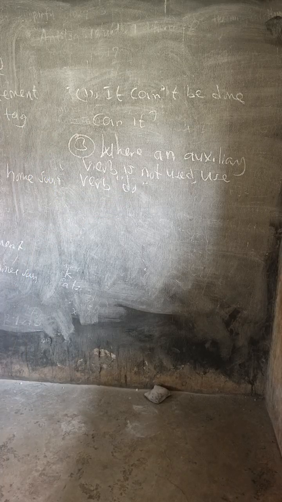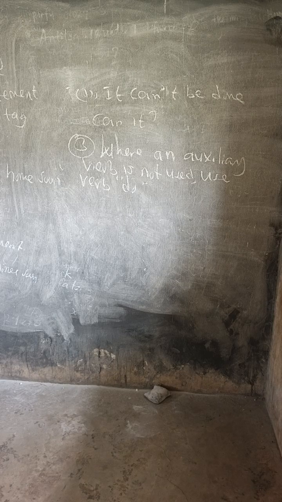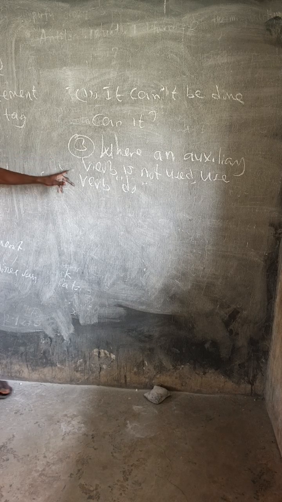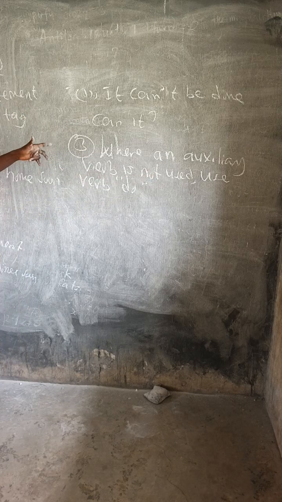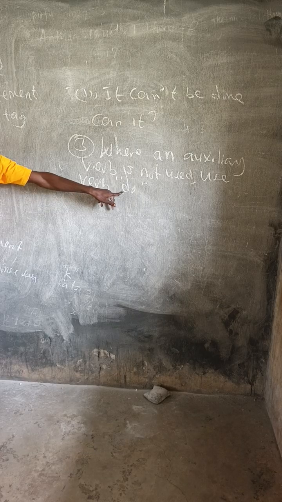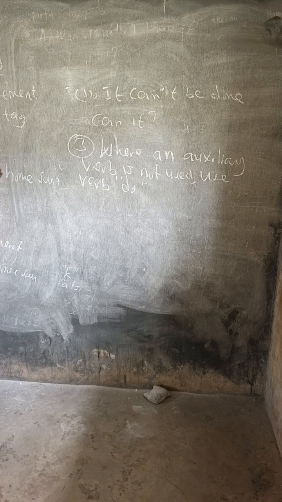So where there's no auxiliary verb, don't forget I said that ordinarily in English language teaching, question tags are making use of an auxiliary verb generally. So this third principle is now telling us that where there is no auxiliary verb, what do you do? In this case now, you apply the verb what? "Do," to get your tag to add to the question.